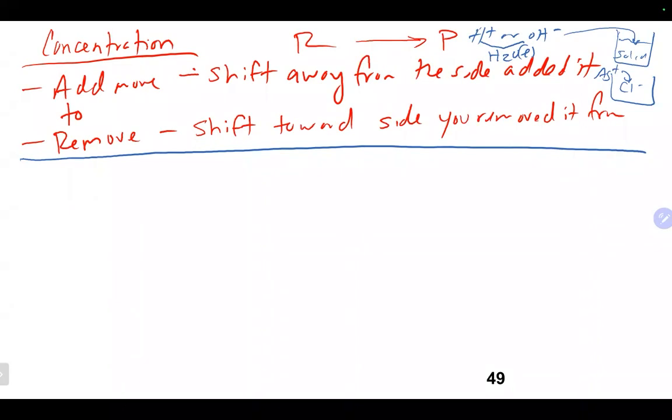So if we look at this here, let's say we had a system that was at equilibrium. We'll say we are at equilibrium here. We'll call this guy over here the reactant side, this guy the product side. And let's just say we had somebody jump on here to the product side.